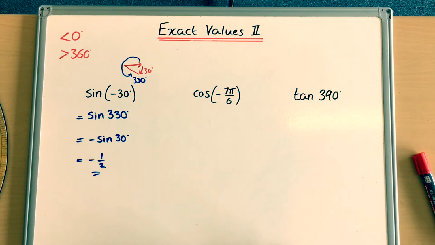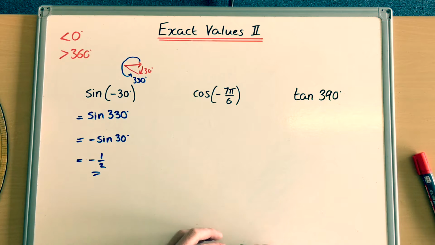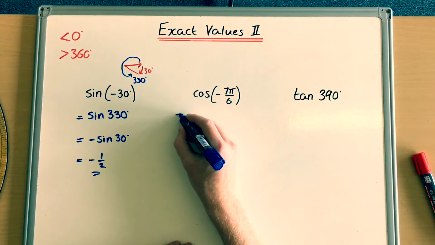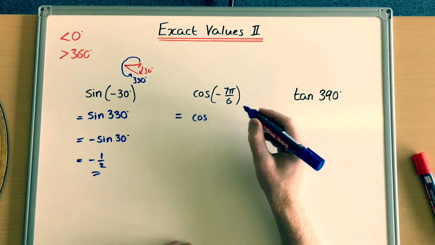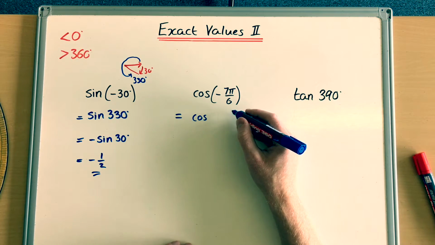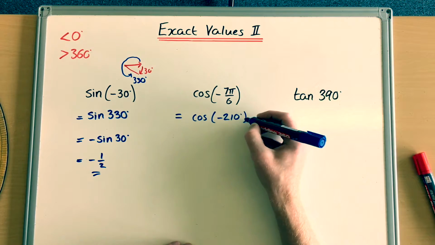So, same idea here, only this time it's in radians. So first step is like last time, change this into radians. Pause the video now if you want to give it a try and see if you get it. And what I get is that cos minus 7 pi over 6 is the same as cos minus 210 degrees.